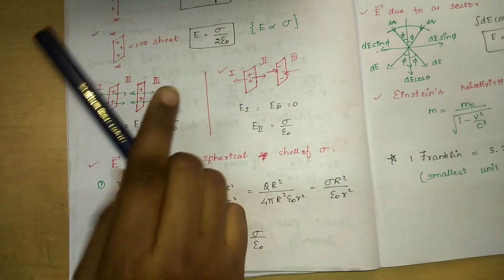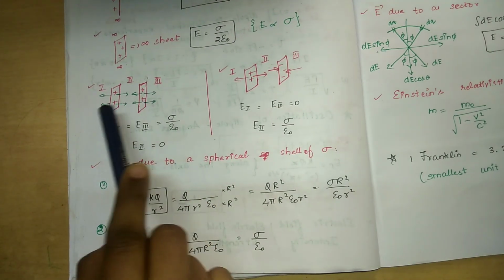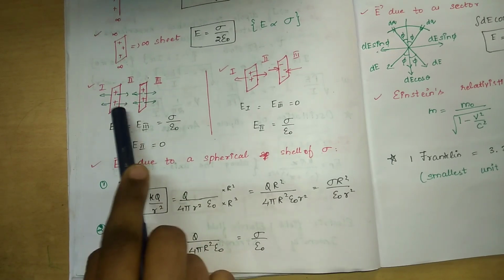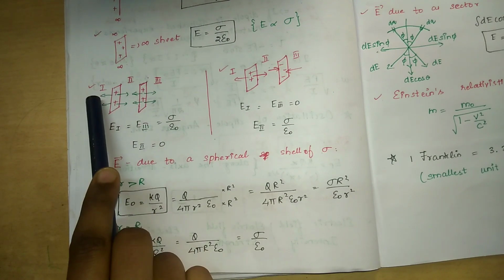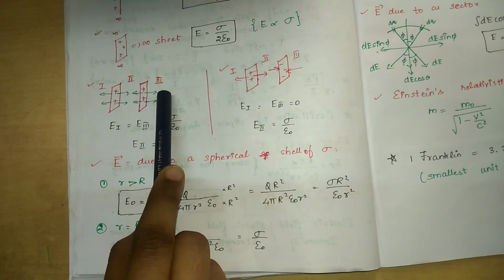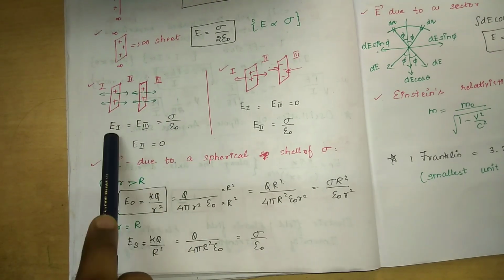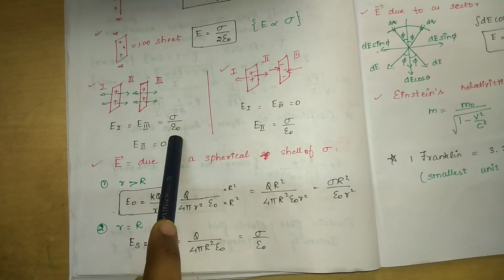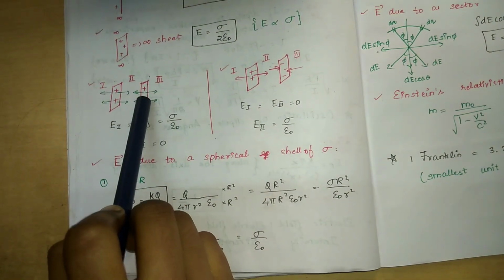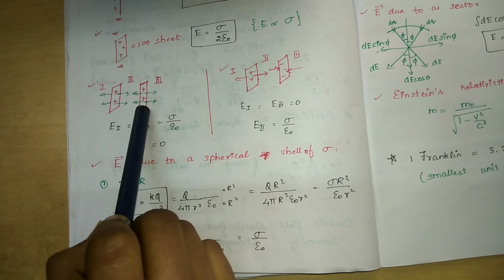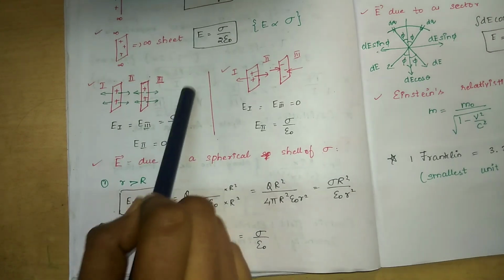Then which has different cases. If two like-charged plane sheets are placed like this, we now have three regions: the first region, second region, and third region. Here the first and third regions have the electric field sigma by 2 epsilon naught, because a point there experiences electric field due to this infinite sheet in one direction, and due to the other infinite sheet along the same direction.